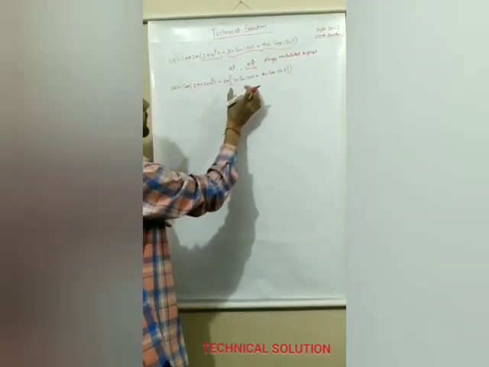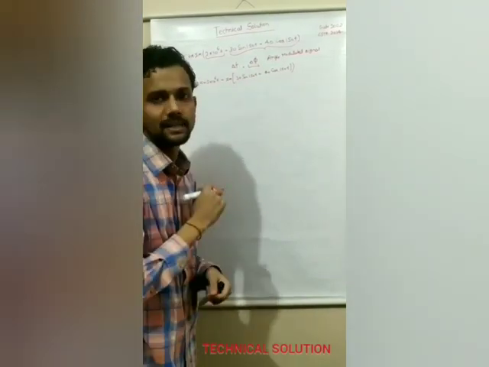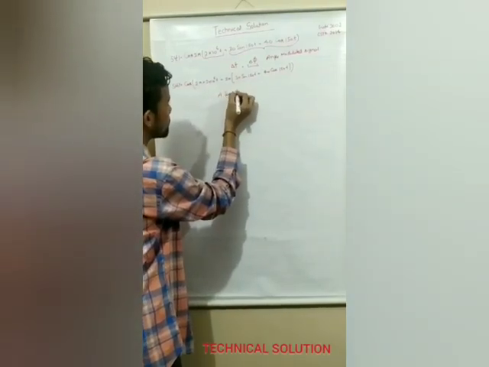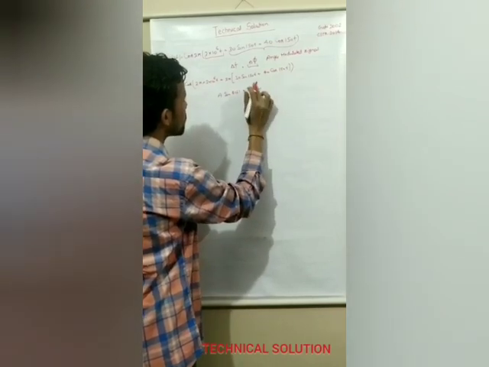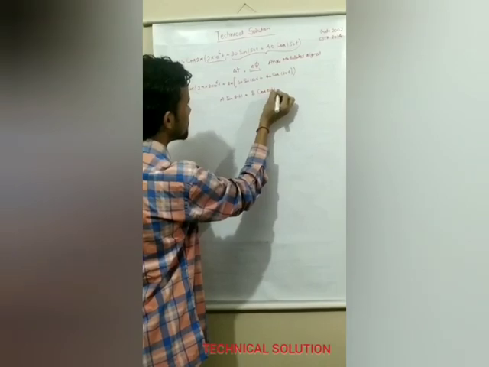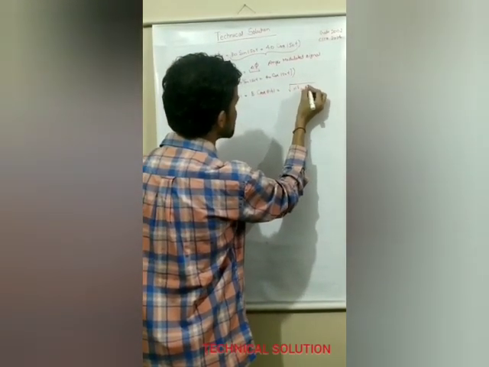We have to find the maximum value of a sin θt plus b cos θt. This maximum value is given as the square root of a squared plus b squared.